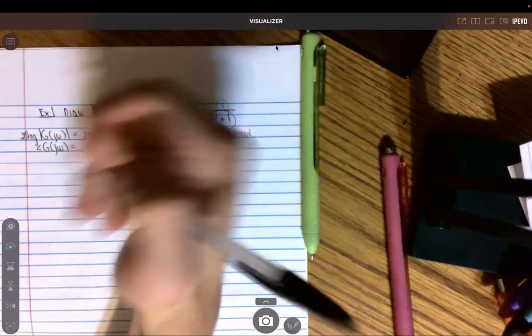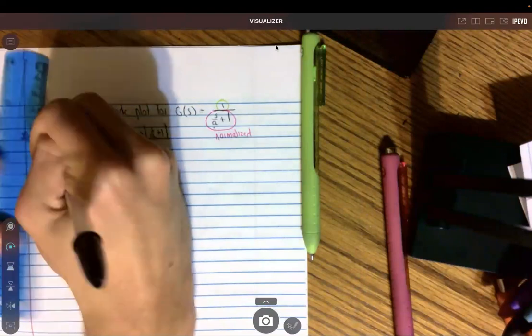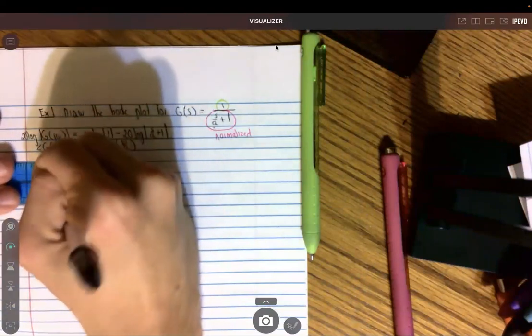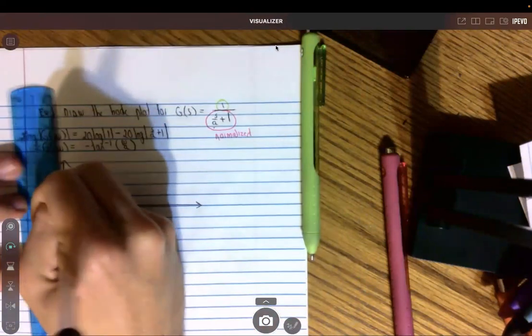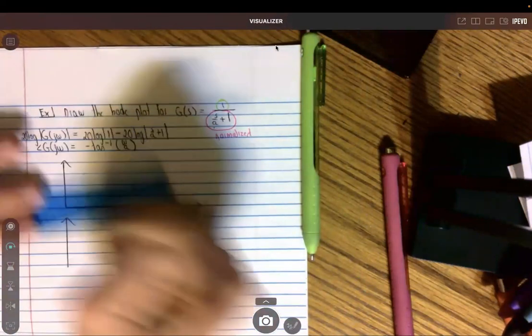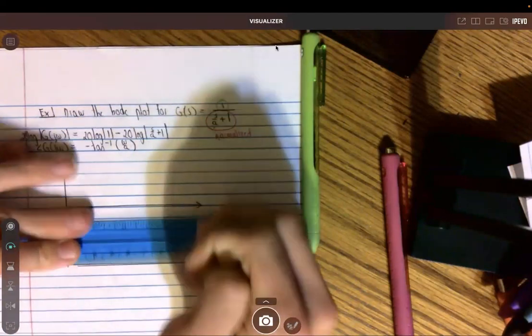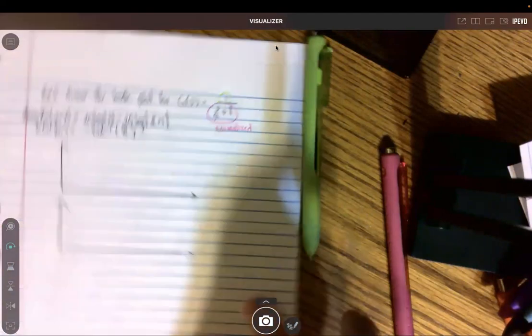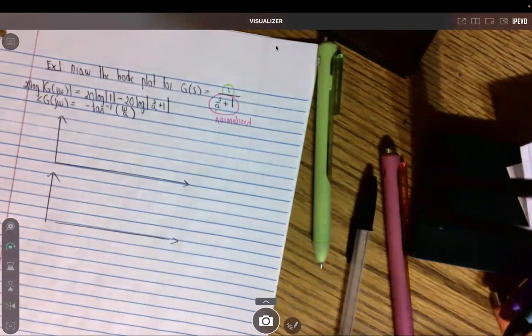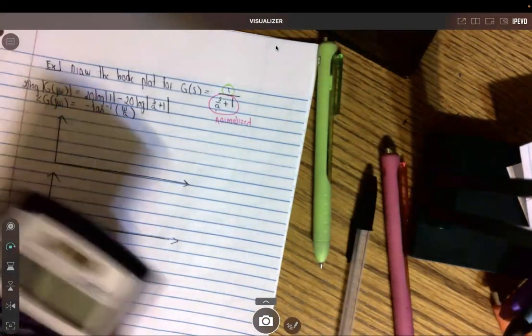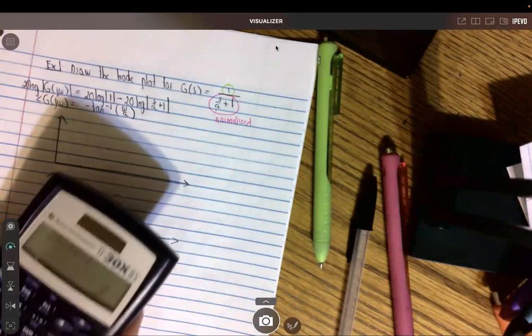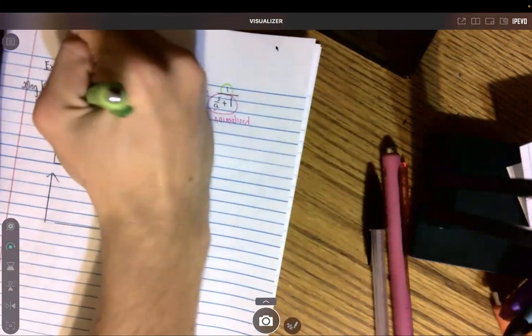And so doing the plot of this, for the magnitude plot, 20 log of G of j omega, and then the phase plot, what we're going to see specifically is, for the magnitude plot, 20 log of 1 in our numerator is 0. So this part is just 0.